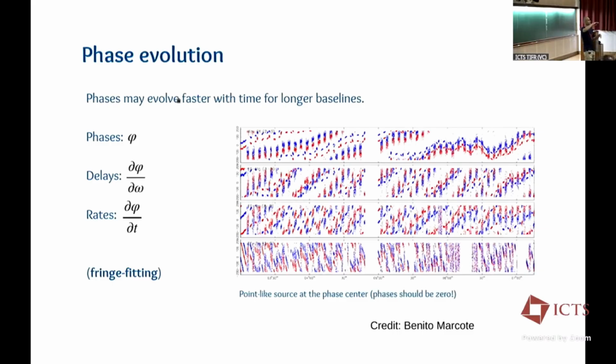This is wrapping around. And then, of course, we have the delays, which is just the phase as a function of frequency. The phases are also frequency dependent in this particular case. And then there are the rates, the phases also change as a function of time. All this you see in this somewhat of a mess. What we want for a point-like source at the phase center is the phases to be zero.